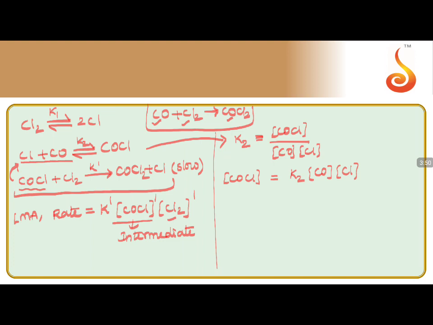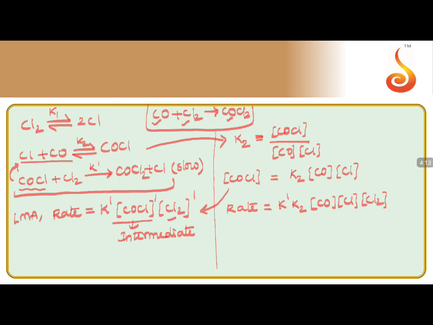Now substitute this in the above equation. What will be the new equation? Rate is equal to K dash into K2 into CO into Cl into Cl2.